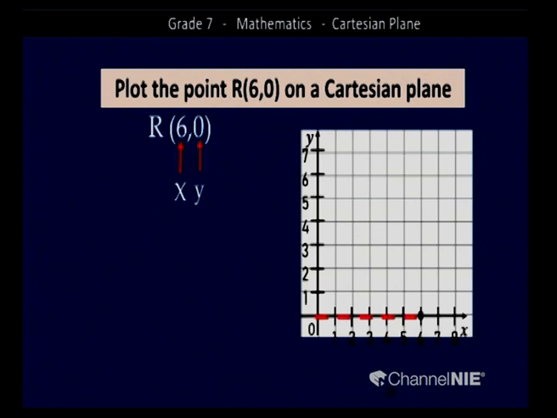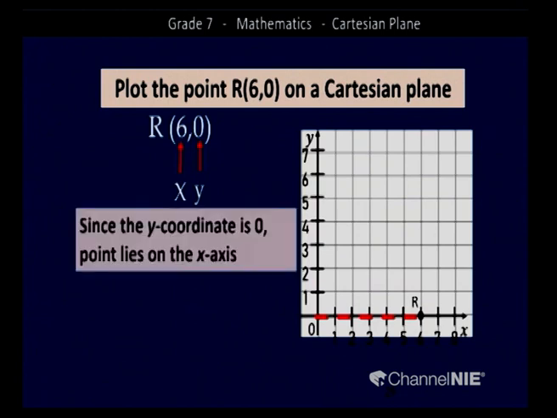We will see. Here I have moved 6 units along the x axis, then I have moved 0 units along the y axis. Therefore, I could mark the point R on the x axis. That means, when the y coordinate is 0, the point should be marked on the x axis.